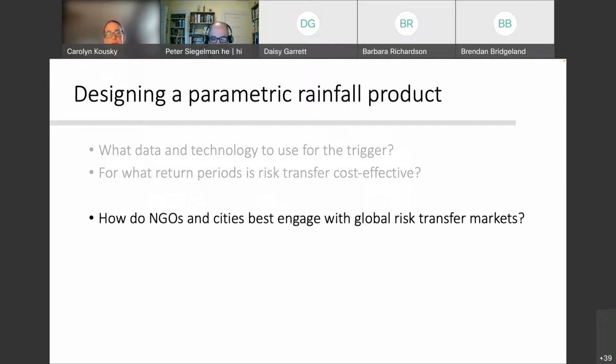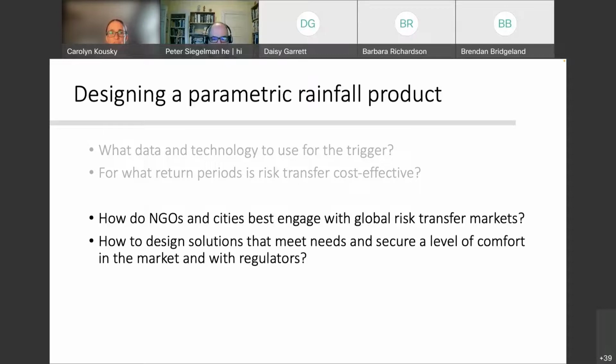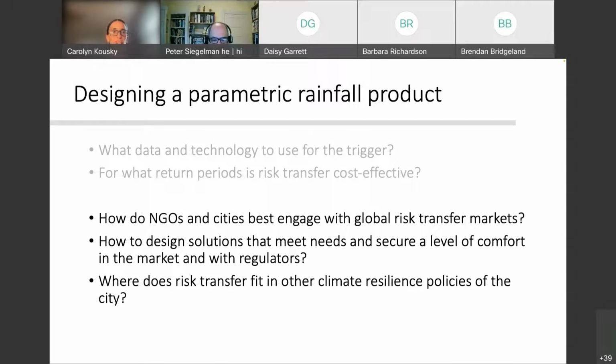And then there are these other broader questions that I won't spend much time on now, but just to flag that a pilot like this is raising: how do NGOs and cities best engage with these global markets? How do we come up with new solutions for these increasing risks that can meet local needs, but also be things that are comfortable in the market and comfortable with regulators? And then the city is also having to think, where does risk transfer and these types of insurance things fit in with all the other climate resilience policies we have going in the city?